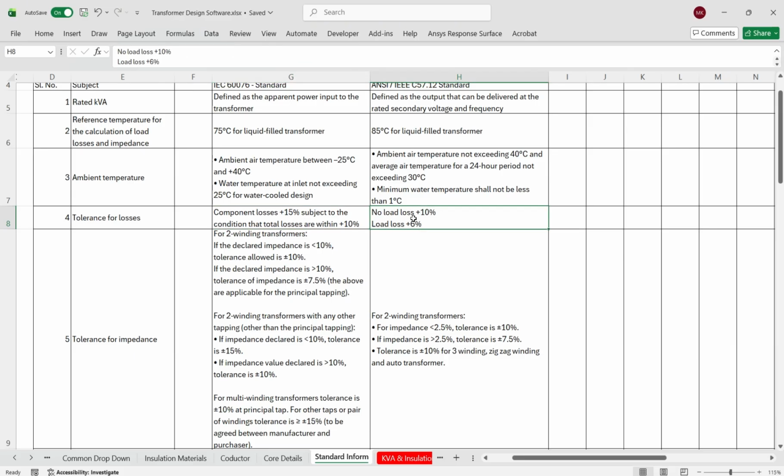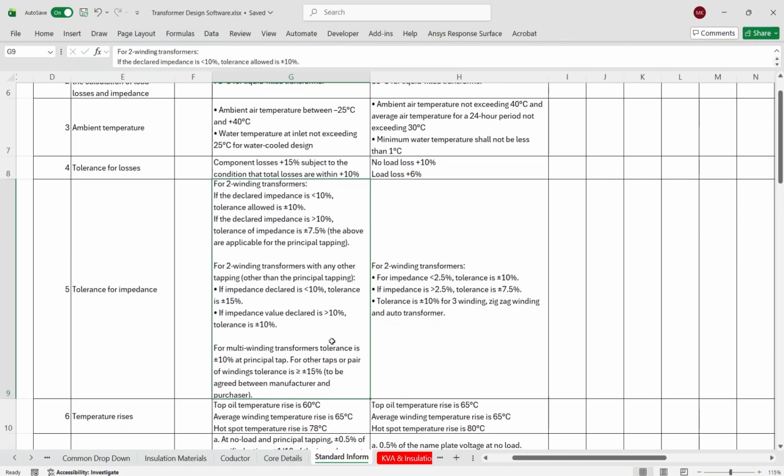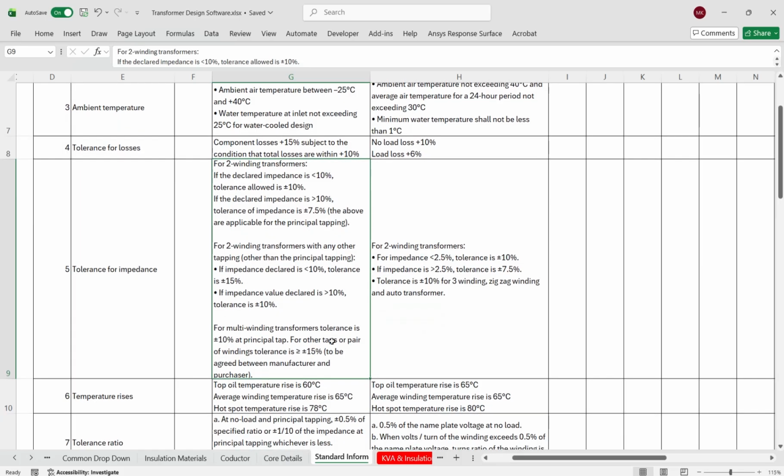For IEEE, no load losses plus 10% maximum, and load losses plus 6%.